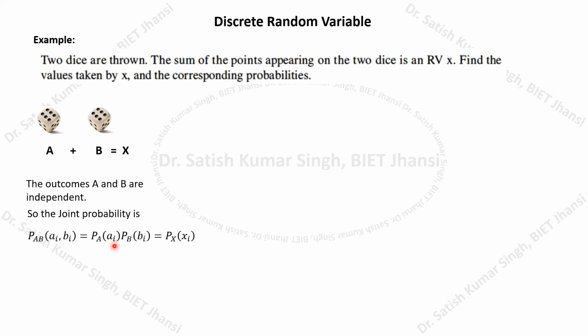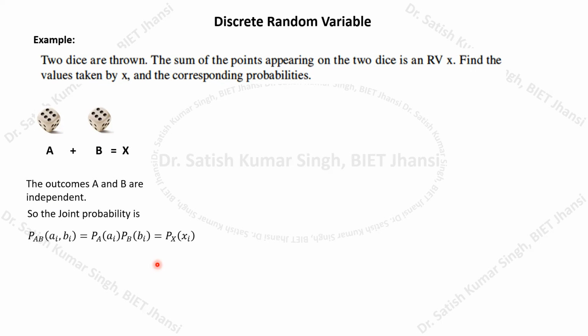If we calculate these two probabilities and multiply them, it will be equal to the probability of getting this summation equal to X. That way we can calculate this probability.